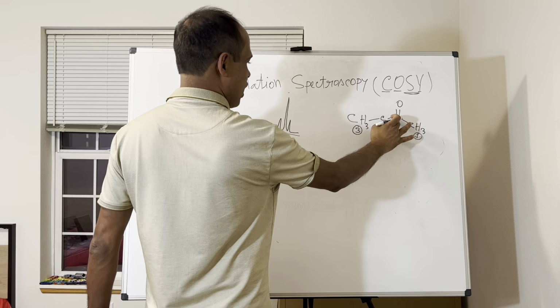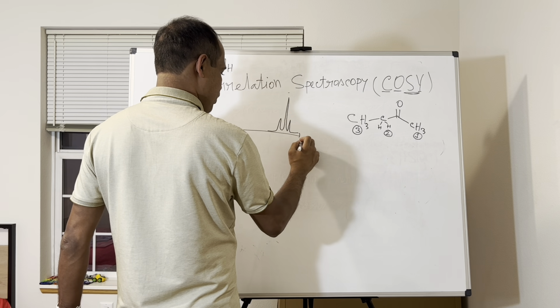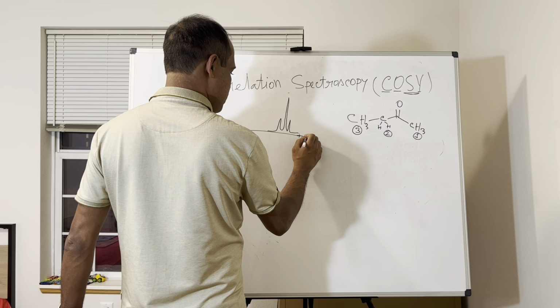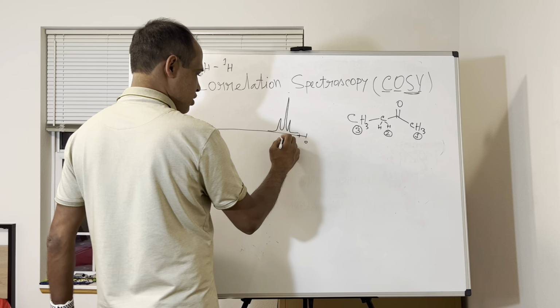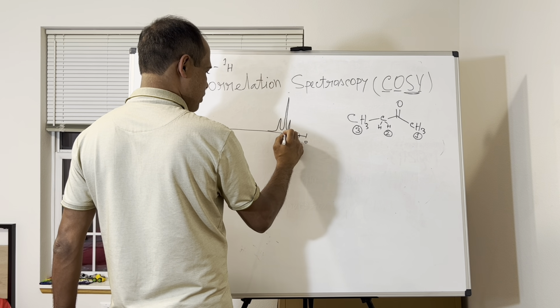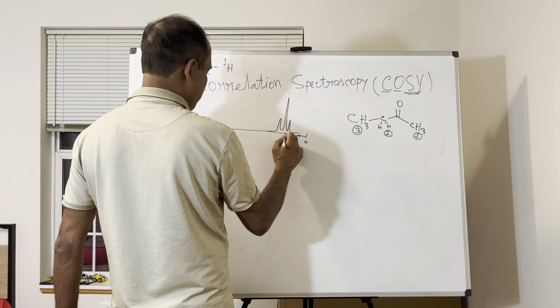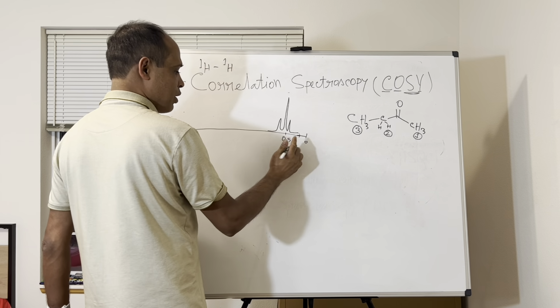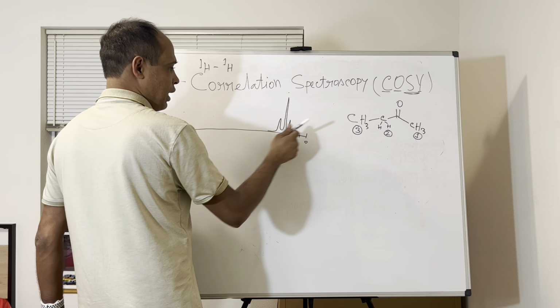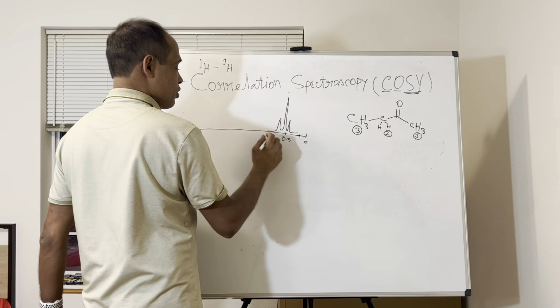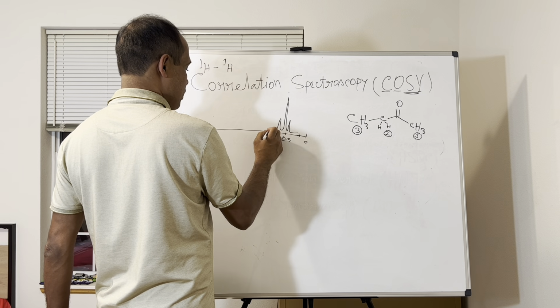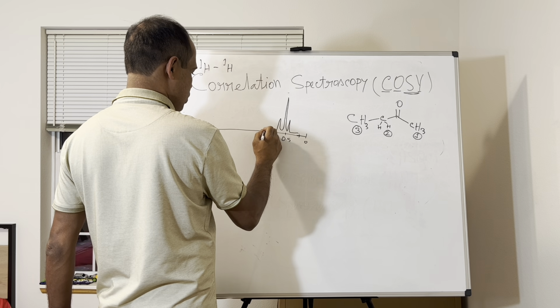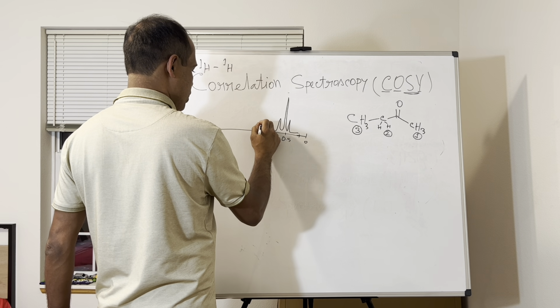If you take 0 in the NMR range, this triplet will be around 0.5 to 0.6 ppm, assume 0.5 ppm. The CH2 is next to the carbonyl, so it will be around 1.9, and it will be a quartet.